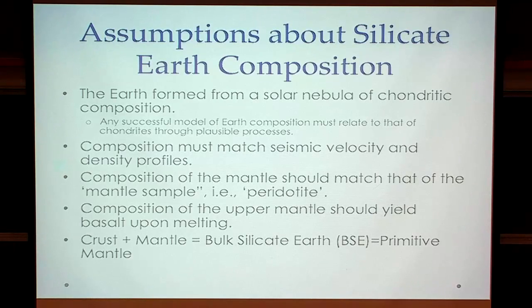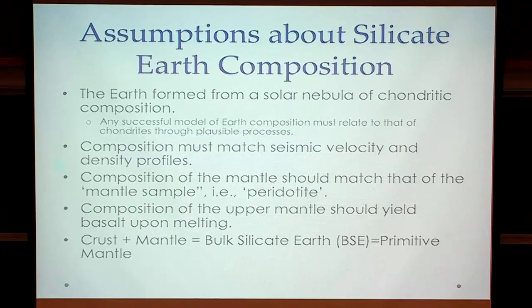The composition must match seismic and density profiles of the Earth. The composition of the mantle, at least the upper mantle, should match that of the mantle sample, which are the peridotite xenoliths. Also, upon melting, the composition of the upper mantle should yield basalt.